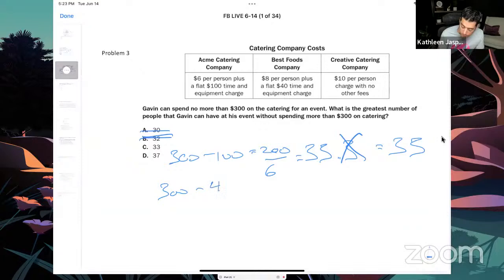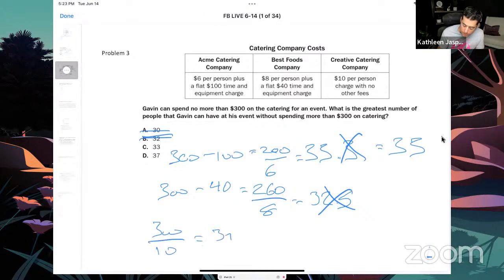300 minus 40 gives me 260. Then I want to divide by 8. So 260 divided by 8 equals 32.5, but it doesn't matter because I've already got 33 here. And then finally, $10 with no fees. So 300 divided by 10 equals 30. 33 is my correct answer.